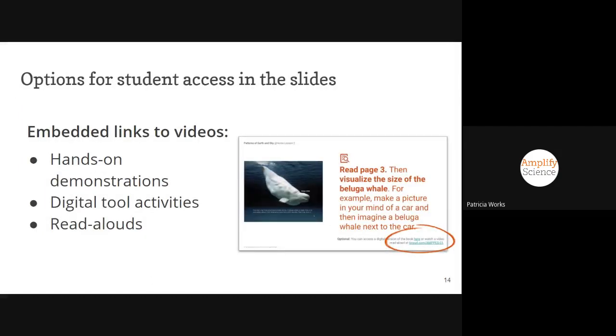In the at-home slides, there are shortened links, tiny URLs, to videos of hands-on demonstrations, digital tool and SIM uses, read-alouds of student books as well. Students can use these links to watch videos on a device as small as a smartphone, and they're directed to them at the moment in the slide deck when it makes sense to watch them.